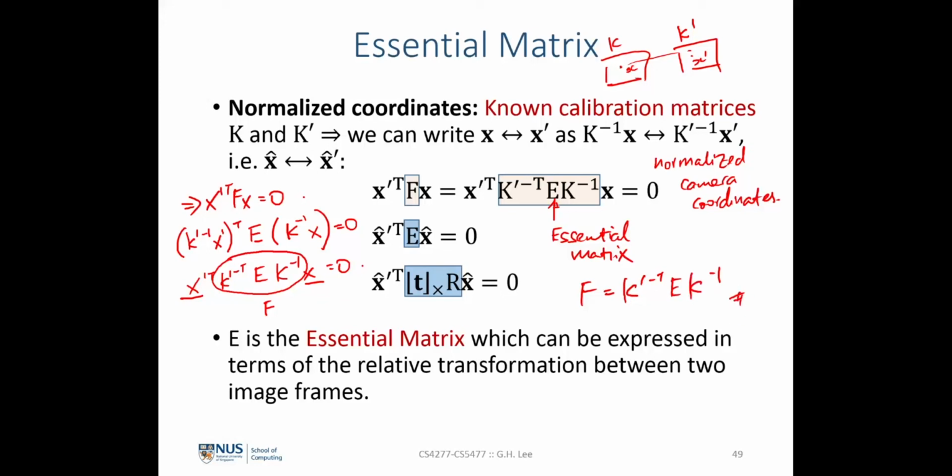We can also rewrite this equation by grouping the normalized camera coordinates together. So we can call these our normalized camera coordinates. And now we get the correspondence constraint equation in terms of the essential matrix as well as the normalized camera coordinates, which is x hat prime transpose E multiplied by x hat equals 0. We'll see that E can be decomposed into the cross product of the translation vector and the rotation matrix.